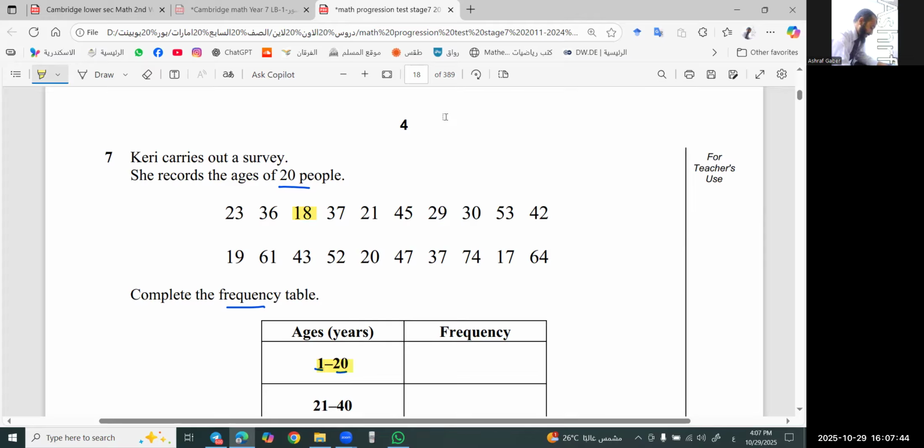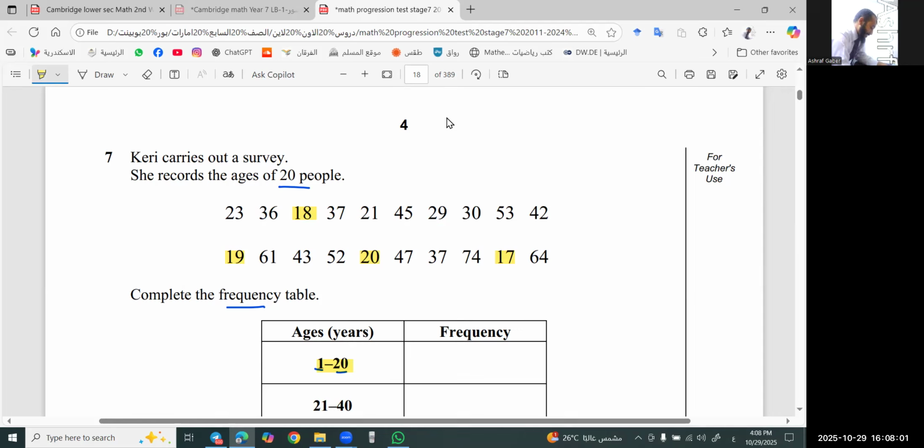21 no, 45 no, 29 no, 30 no, 40, 53 no, 42 no, 19 yes. And then 20 yes. And then 17 yes. How many? 1, 2, 3, 4.